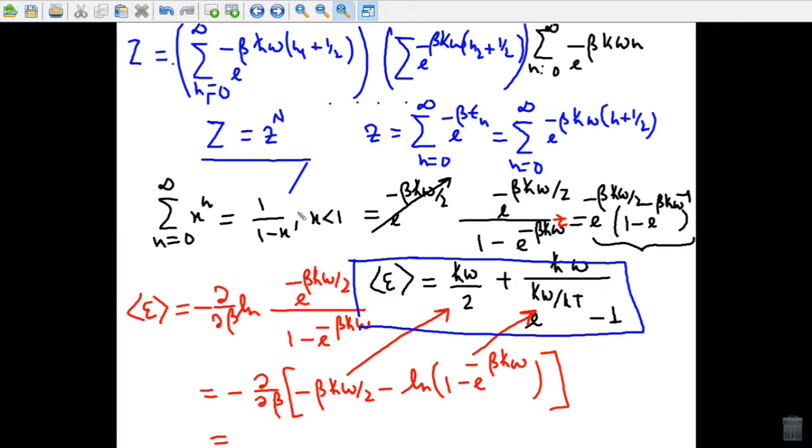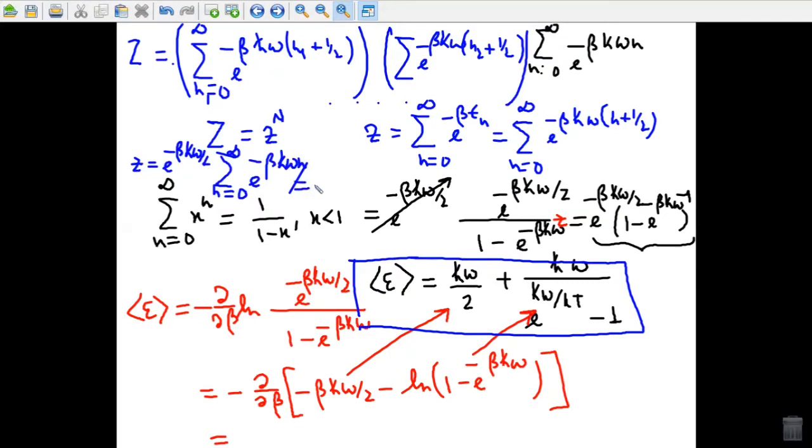Small z equals e to the power minus beta h cut omega divided by 2, summation n equals 0 to infinity e to the power minus beta h cut omega n.